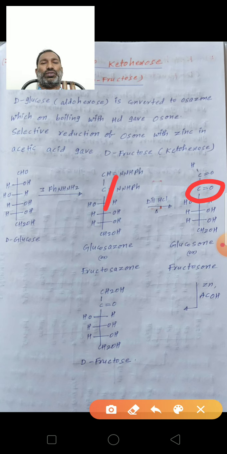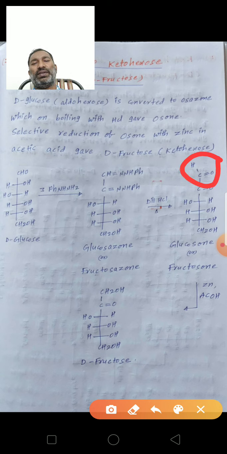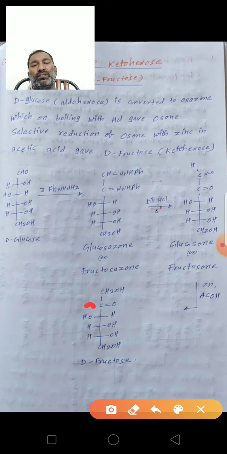So this is glucosone or fructosone. So this selective reduction of osone with zinc and acetic acid gave fructose. So this is the reduction where the aldehyde is reduced to the primary alcohol. Here this aldehyde group is reduced to CH2OH, so primary alcohol group. So this is the fructose structure, CH2OH, C double bond O. At the second carbon, keto functional group is there. So this is the conversion.